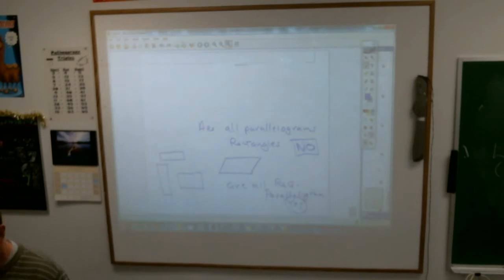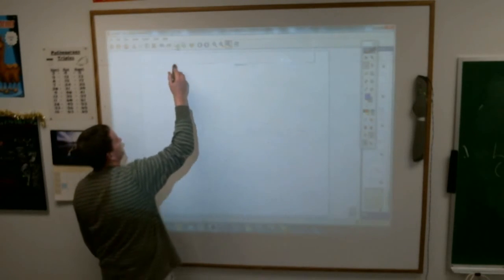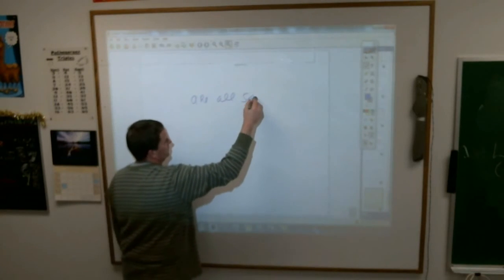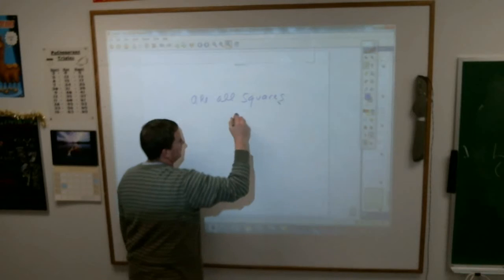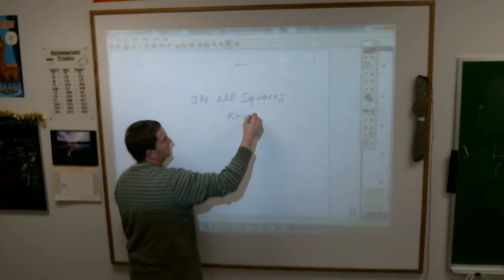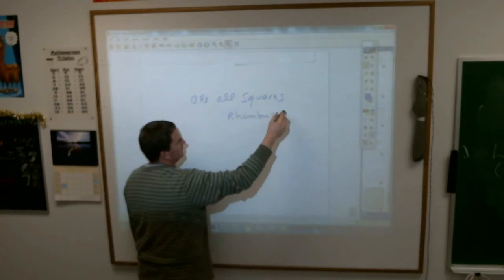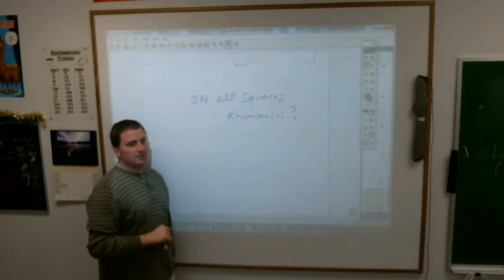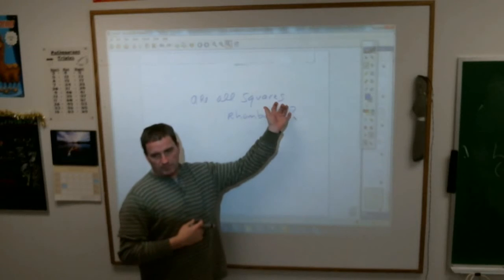Right out of the book, it asks you this question. Are all squares rhombuses? And you really need to look at the exact definition of it. What is the exact definition of a square?